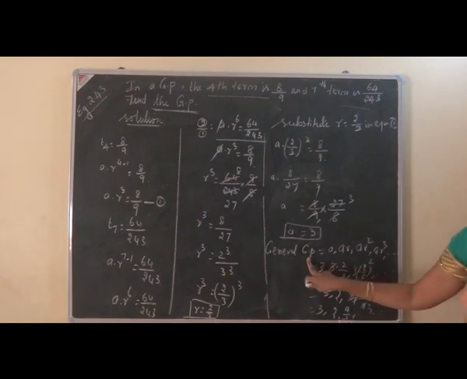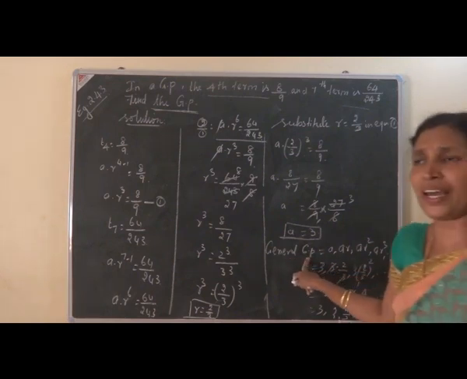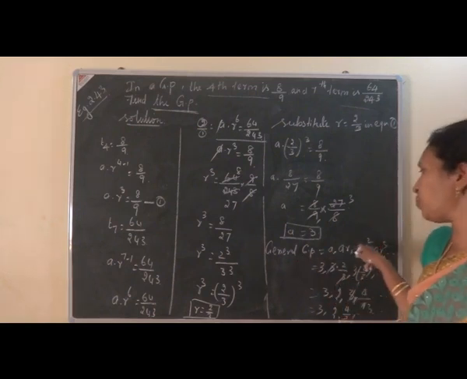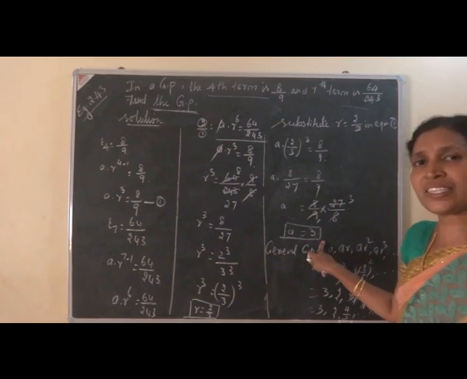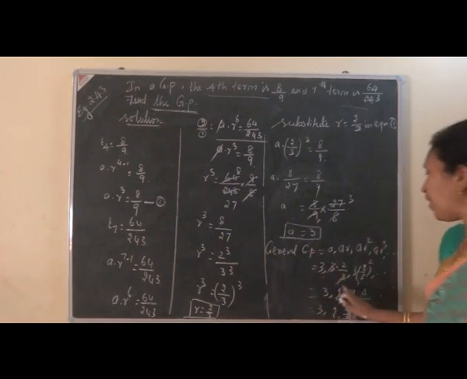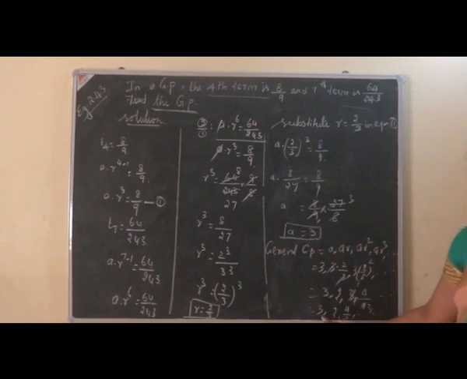General geometric progression. What's the formula you should apply here? a, ar, ar square, ar cube. The value of a is 3 and the value of r is 2 by 3. You apply in that formula, you will get the answer 3, 2, 4 by 3, and so on.